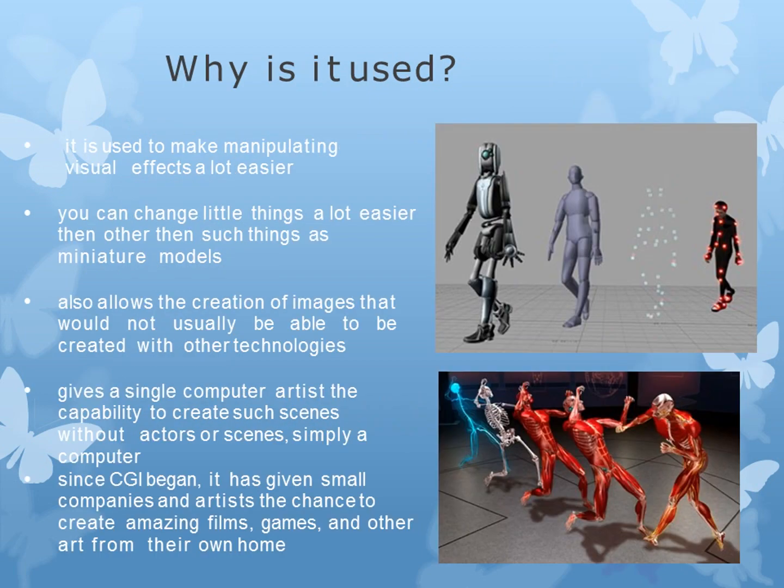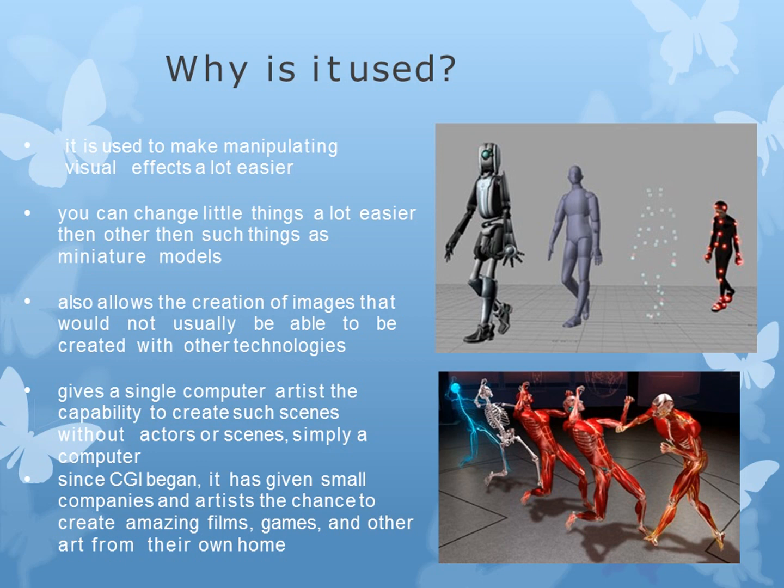And why is it used? It is used to make manipulating visual effects a lot easier. We can change little things easily, like miniature models, etc. And this allows the creation of images that would not usually be possible with other technology.